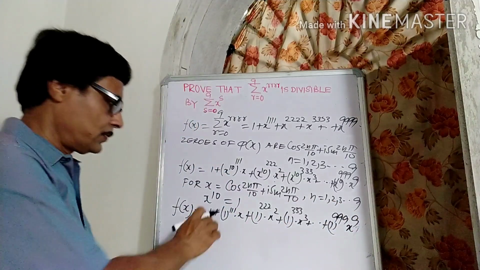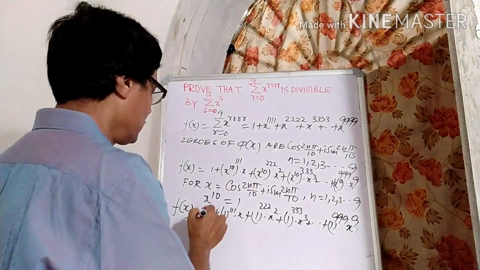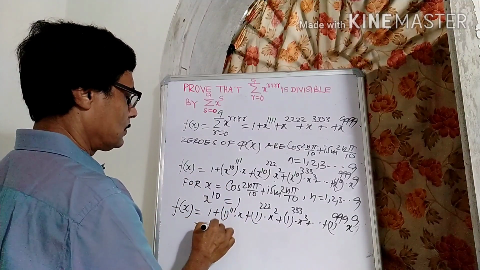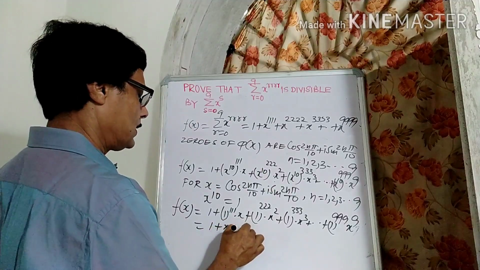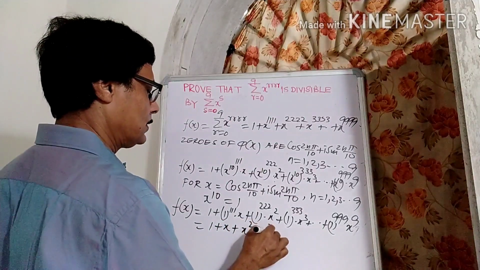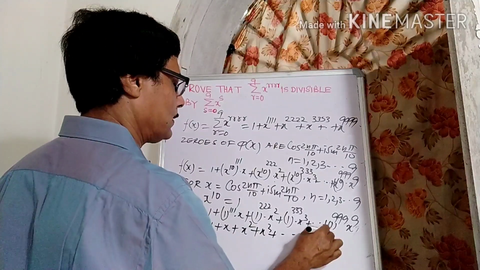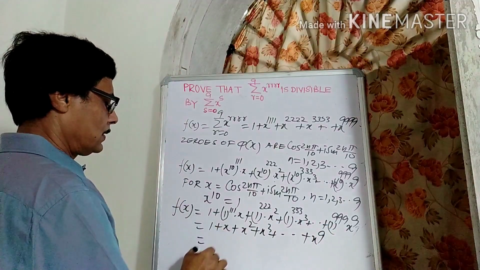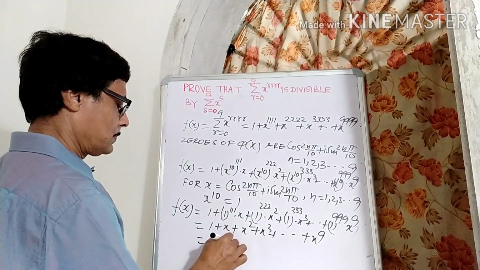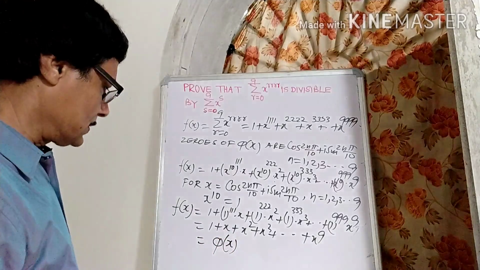So f(x) is also 1 plus x square plus x cube plus dot dot x to the power 9. That is phi(x).